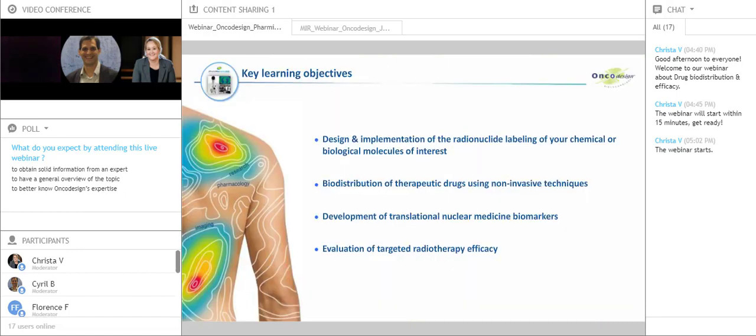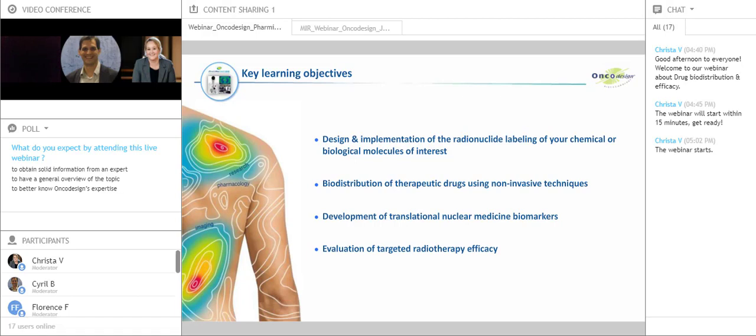The main objective of this webinar is, first of all, to show you how to design and implement radionuclide labeling of your chemical and biological molecule of interest. Then we will go through some of the biodistribution of the therapeutic drug, and how we can use imaging to follow up your drugs.